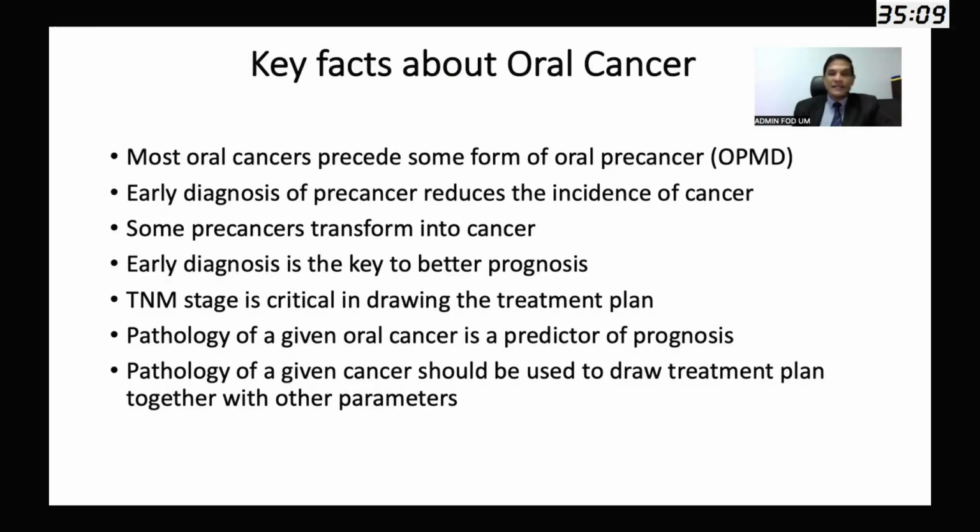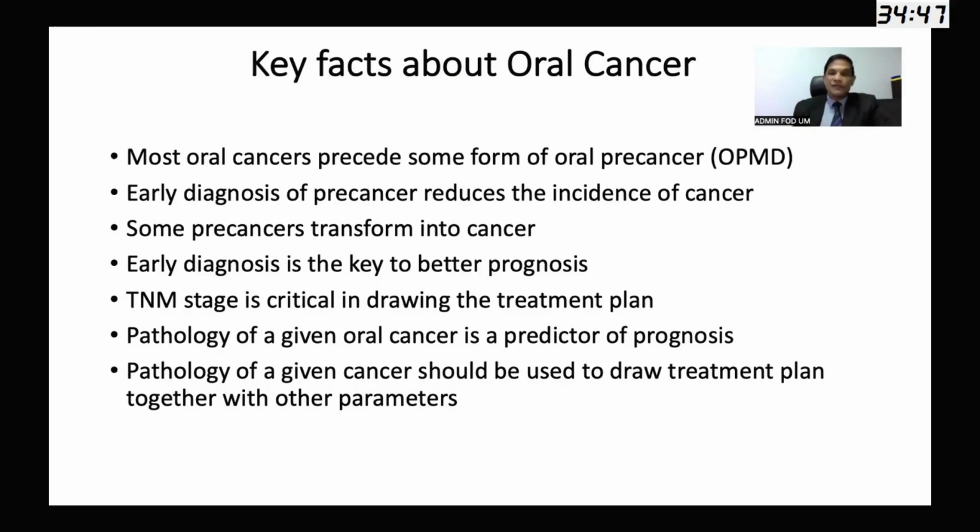TNM staging is critical in drawing the treatment plan. That is what most clinicians use to draw up the treatment plan. However, a very important and critical role that can be played by histopathology is not taken 100% correctly in most countries.